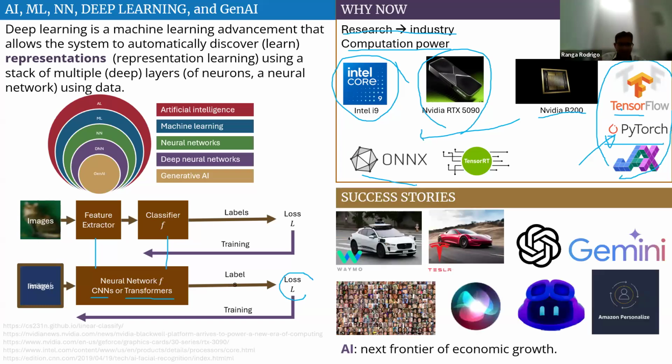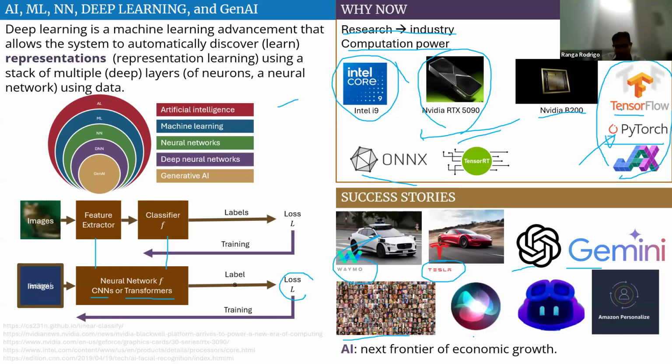So, success stories of this, for example, self-driving. Waymo is like Google's company that does self-driving, and Tesla. You have seen Teslas in Sri Lanka also. They can do self-driving. And ChatGPT, you use Google Gemini every day and so on, and large-scale face detection and recognition.